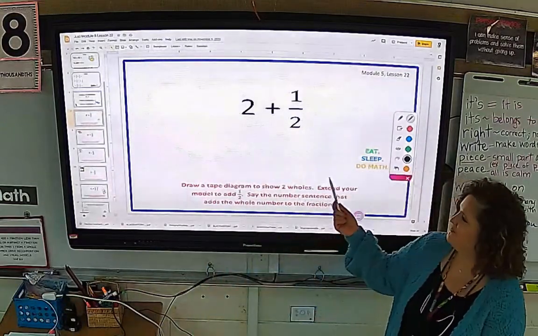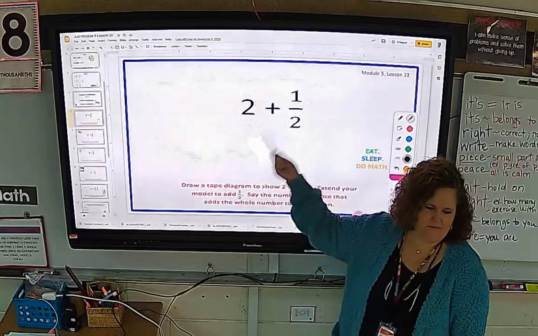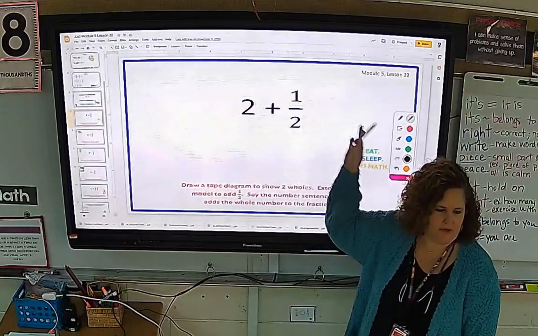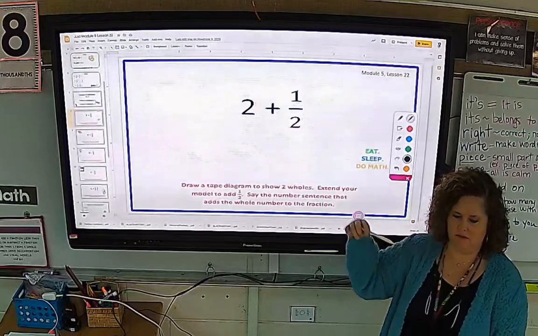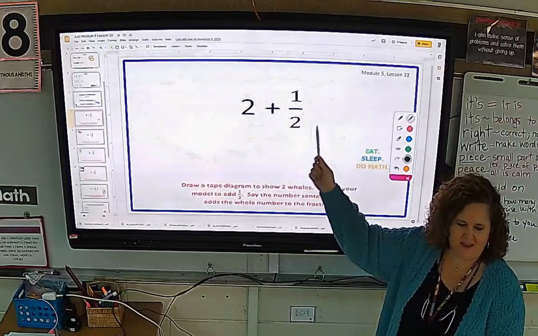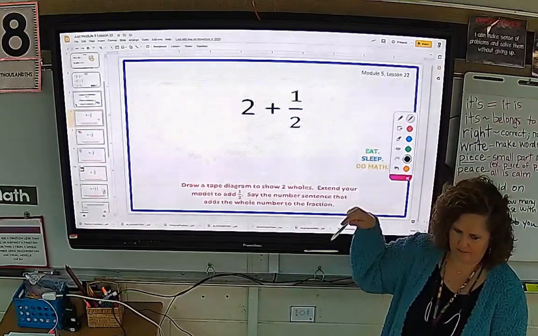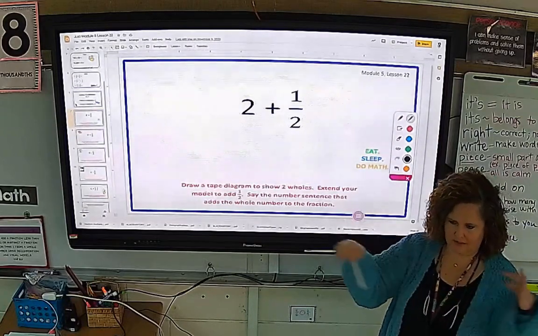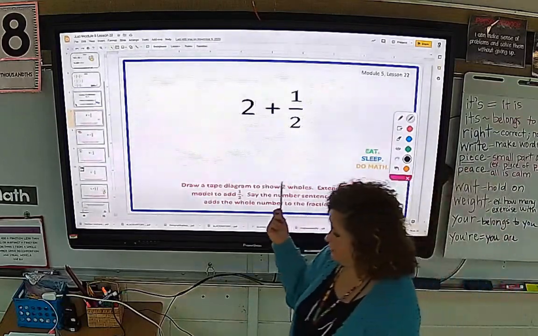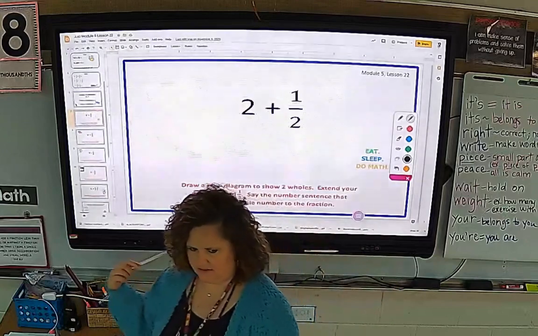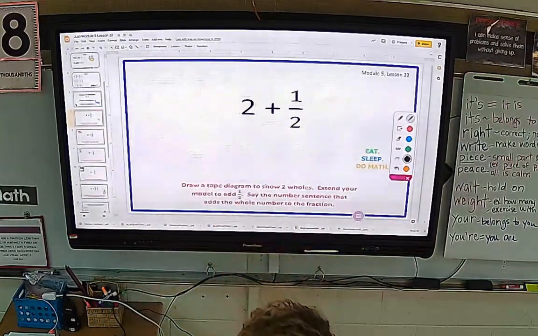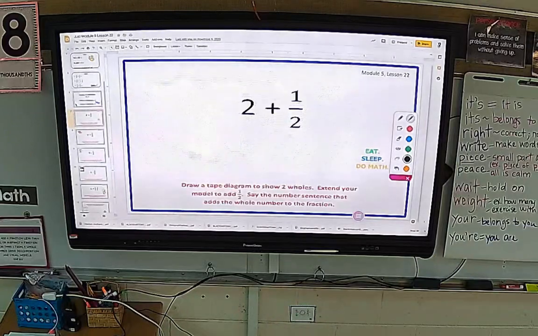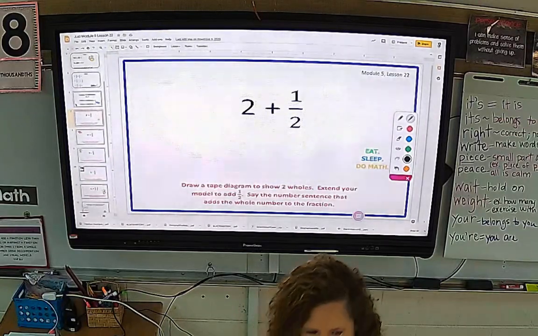Okay. All right. Here we have a math problem. You don't have to write this math problem, but what I do want you to write, if you've written it, it's okay, is a tape diagram, a long skinny rectangle, to show this. Yep, we're bringing back some of our visuals today. Namely the tape diagram.